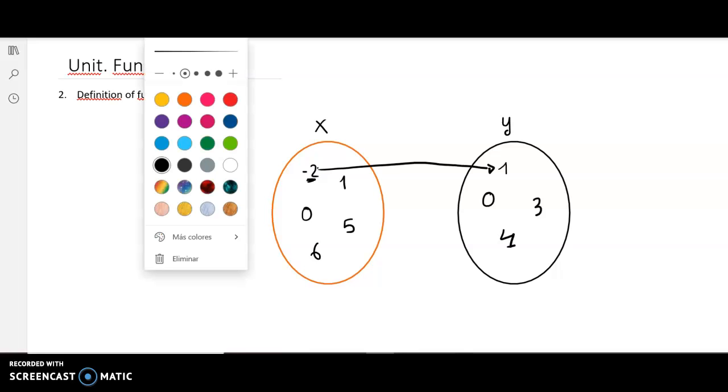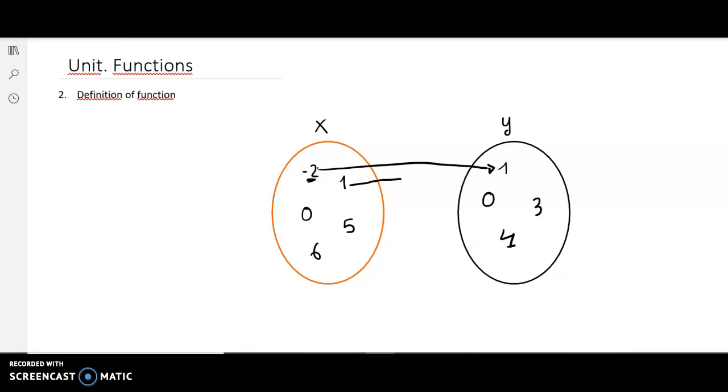From 1, we are going to make another relationship, and this relationship can go to 1, because in the second set, one number can have different relationships. But from the first set, each number has only one relationship. So from 0, there is one relationship, for example, to 4, from 5 to 0, for example, and from 6 to 0 again, for example.